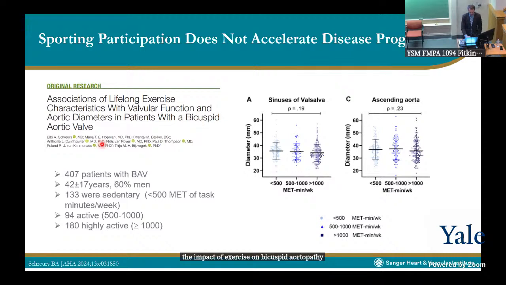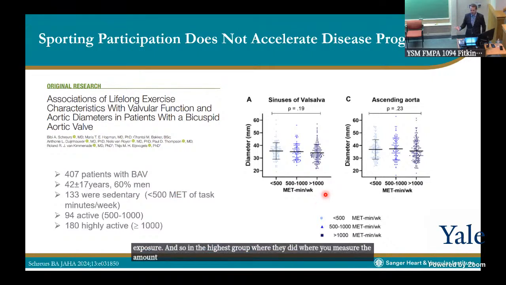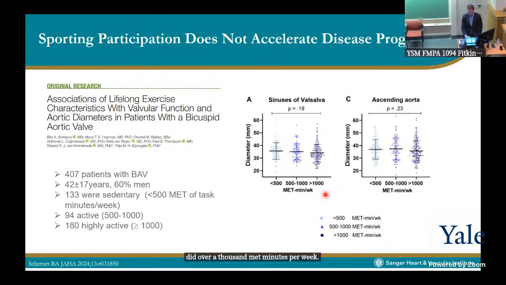One of these was from a Dutch group here where they looked at over 400 patients with a bicuspid aortic valve, and they divided them into 3 groups based on their lifetime exercise exposure. And so in the highest group, where you measure the amount of exercise they did per week, did over 1,000 MET minutes per week, versus the middle group, 500 to 1,000, versus the lower group, less than 500.